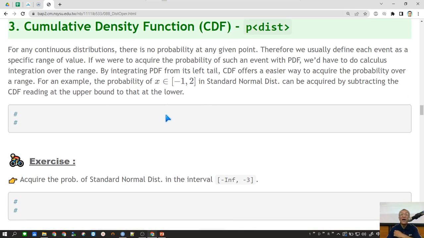So I want the probability that X will fall within this interval in the standard normal distribution, right? What should I do? Probability of 2 minus probability of -1.